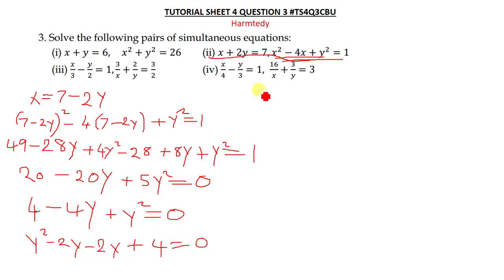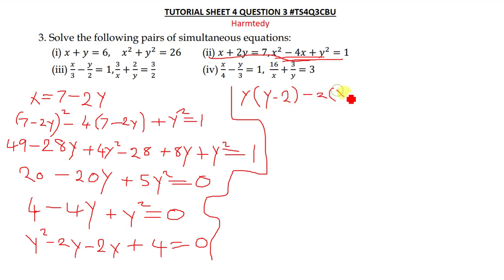So we simplify this. This is going to be y, then open brackets, we have y minus 2, then here negative 2 is common, we say y minus 2.